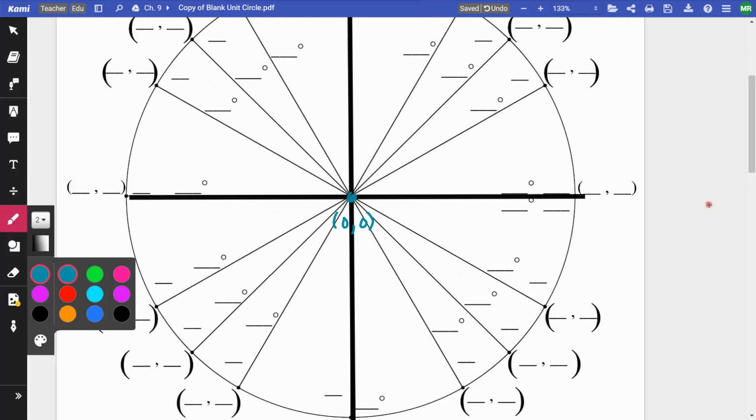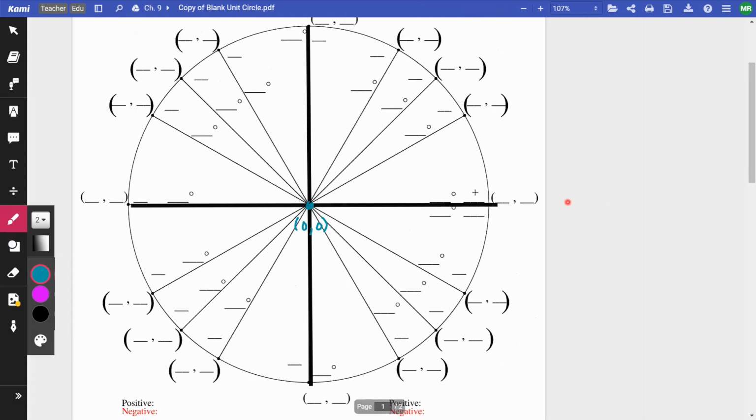This is a circle of radius 1. So what that means is, as I'm going on the circle, I'm going out. This point right here, I'm going to be at 1 because my radius is 1, so 1, 0.